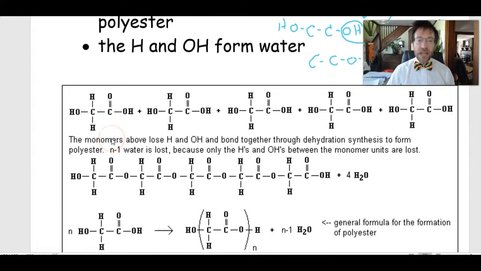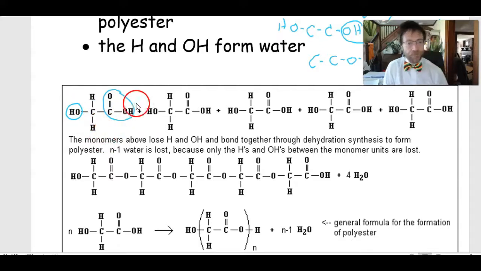This down here is how we make a polyester, like the clothing and stuff like that. So what we're going to do is take a molecule, a monomer that has an organic acid on one side and an alcohol on the other. Because remember, esters are an acid and an alcohol.